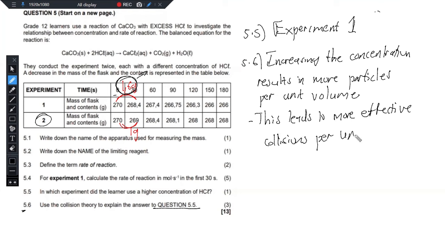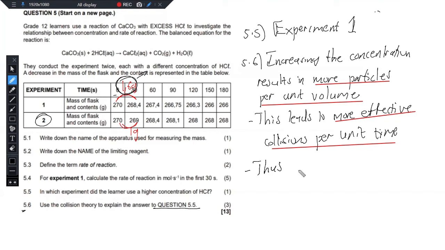Per unit time. So you see your keywords there. Once you have more particles, you mention that there will be more particles per unit volume. You mention that there will be more effective collisions per unit time, right? So those are your keywords there. Those are the things you need to include if you want marks, right? Then obviously, this leads to more effective collisions per unit time, thus increasing the rate of reaction.